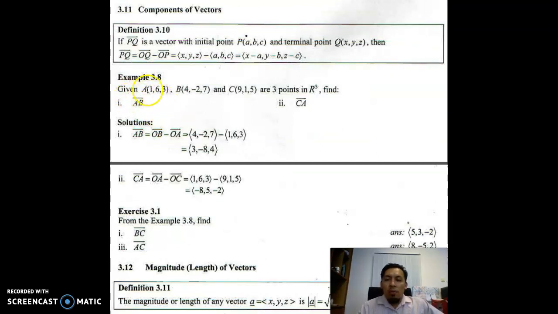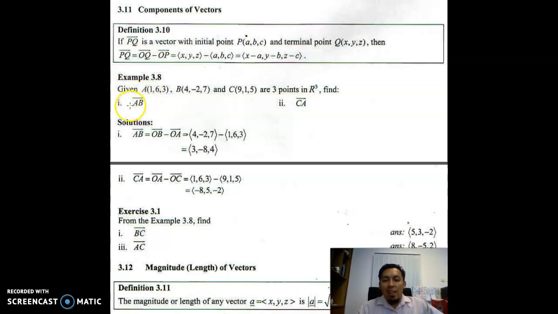So they give you coordinates A 1, 6, 3, and then B 4, negative 2, 7, and C 9, 1, 3. Okay, these are the 3 points in R3. It shows this is 3 dimension. Find this. We know that this is actually the notation for vector A to B.